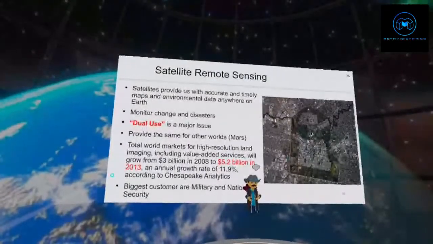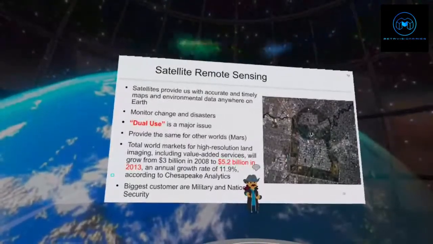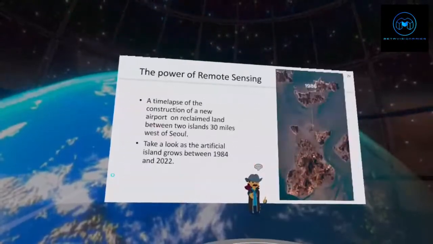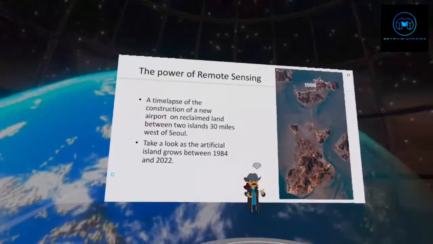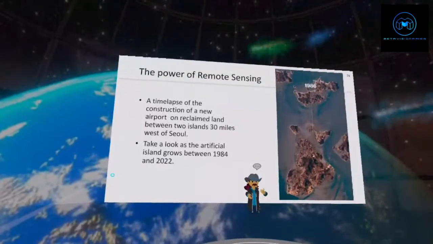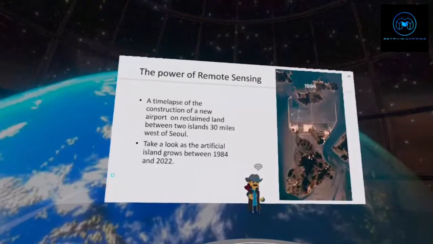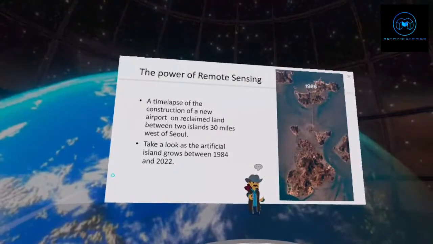And it's a big commercial business, not nearly as big as telecom, but it is a large and growing commercial business. And what it does is it gives us this view of our planet. And here's a very brief little visualization I've created.